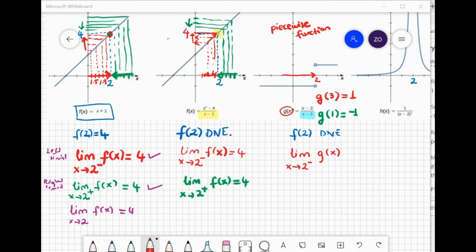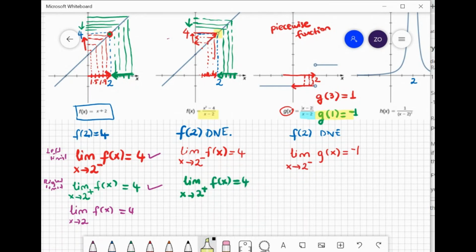Okay, so we said that g of 1 is negative 1. G of 1.5, what is g of 1.5? It is still negative 1. So 1.75, let's say. Whatever number we pick to the left of 2, can we say that the function value is always negative 1? Can we say that?